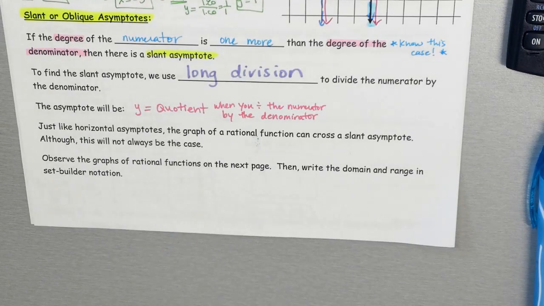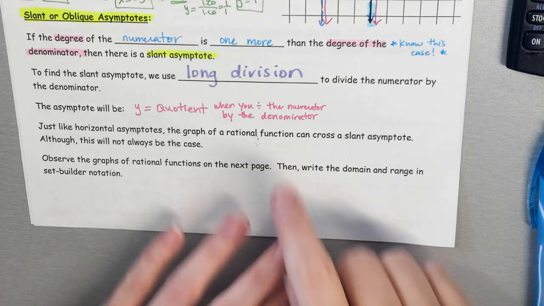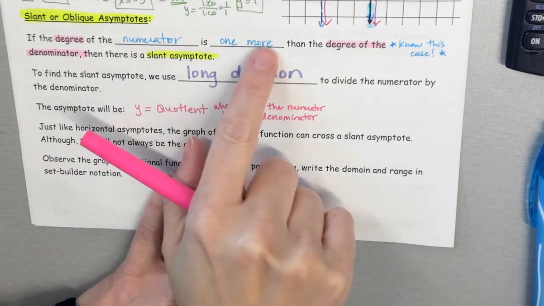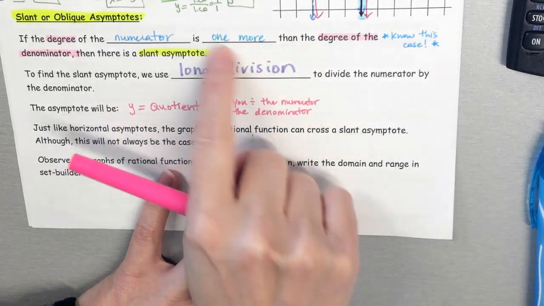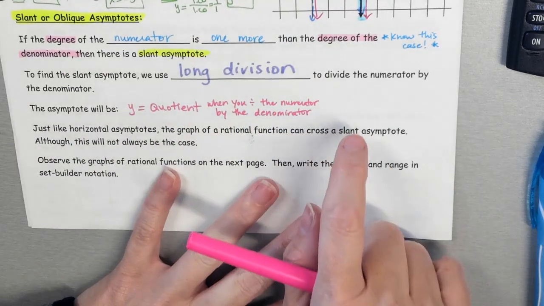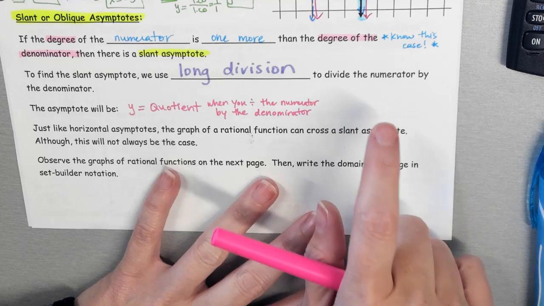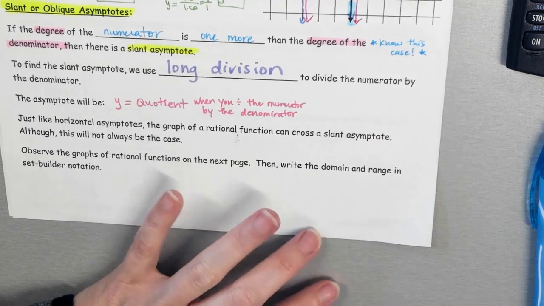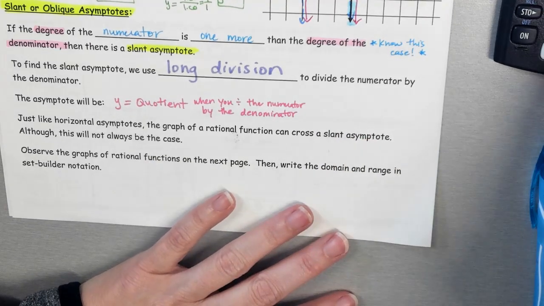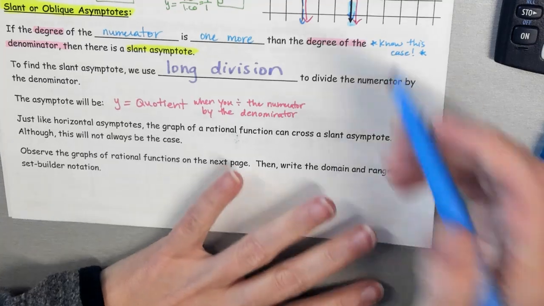Now I want you to think about this. We said that in order for this to occur, the degree of the numerator has to be 1 more than the degree of the denominator. So if you divide them, if there's only a 1 degree difference, that means your asymptote is always going to be what type of function? Linear. Good.